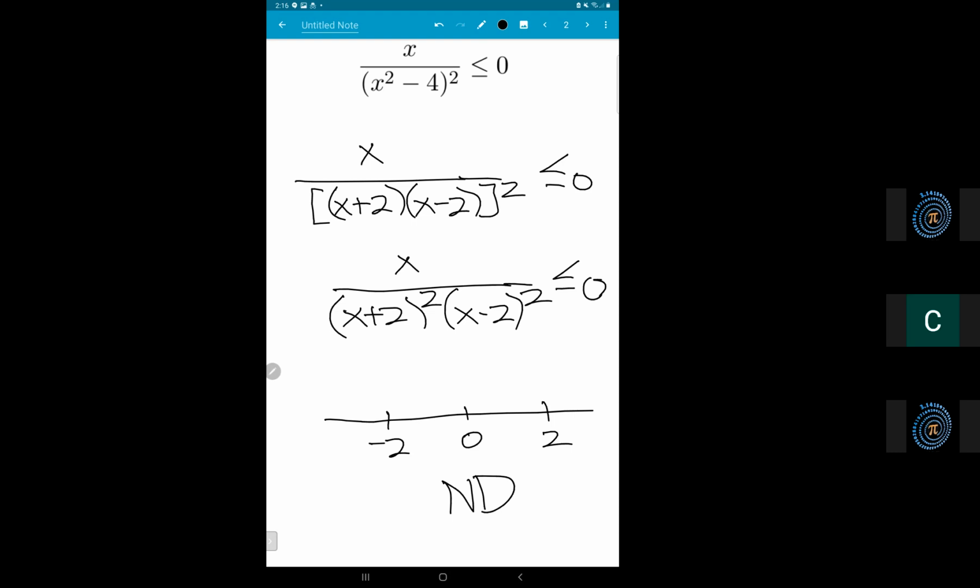Or sometimes I just put an N so I don't have to write everything out, but since that's what's in the textbook, so where do we have a 0? On the numerator. All the zeros of the numerator give us a 0. And then all the zeros of the denominator will give us an ND.